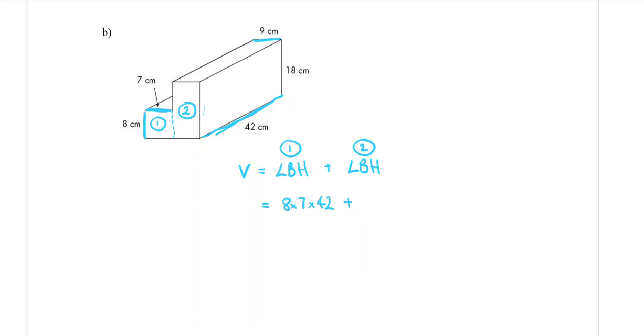We have a 9 and an 18, and then the 42. 9 times 18 times 42. Put all that in your calculator, and the volume is 9,156 centimeters cubed.